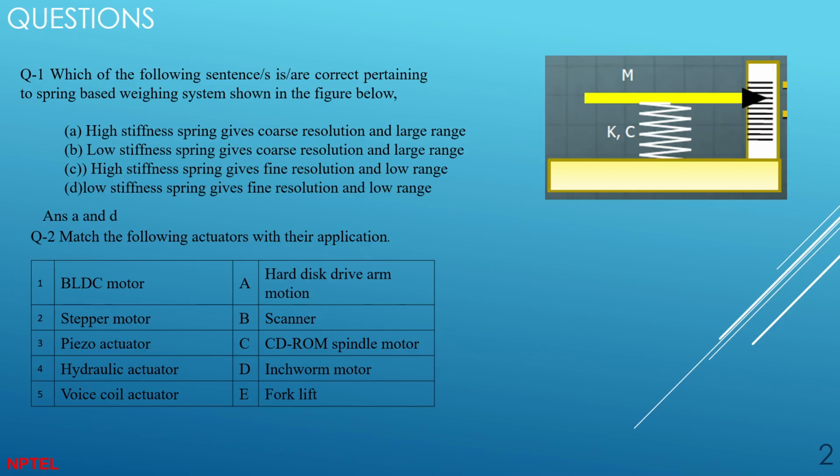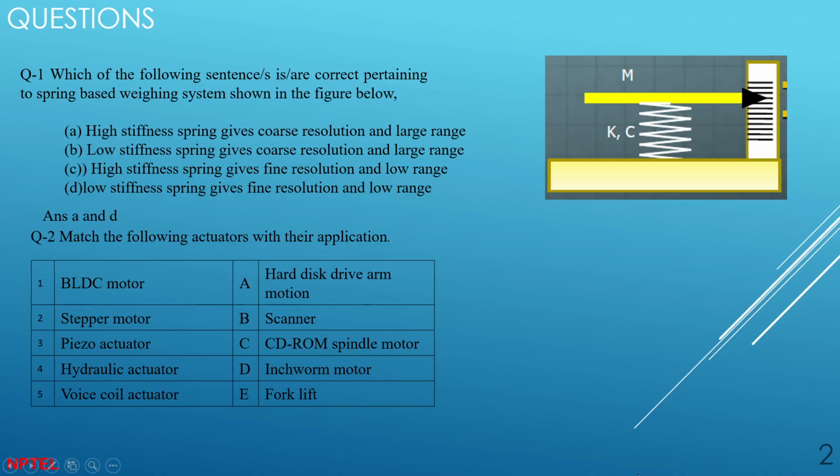BLDC motors we can use for many things, but here, for the CD-ROM spindle, I think in the last problem solving session I told you that CD-ROMs are run at constant velocity. So a BLDC motor can do this kind of thing.